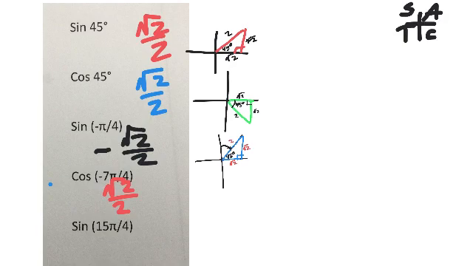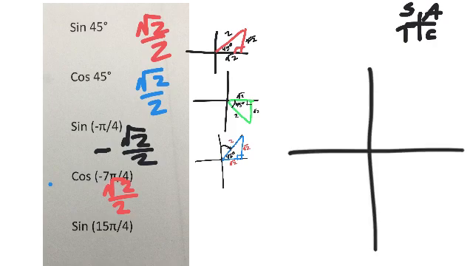Okay, then the last one here, sine of 15 pi over 4. So if I was working that, I know 16 pi over 4 is 4 pi. So it's almost 4 pi, but it's one short of 4 pi, which puts me here. It's how I would do it.